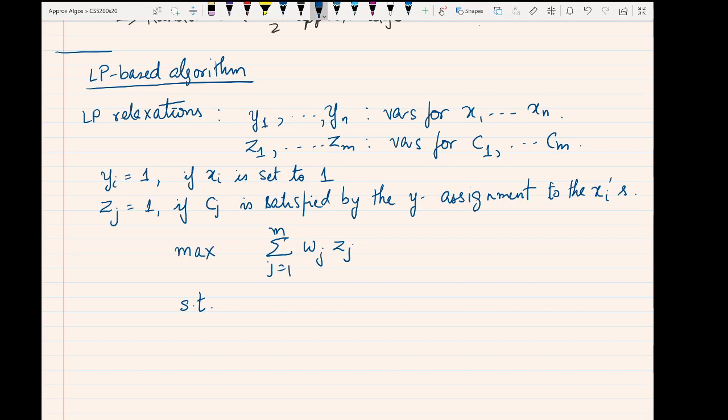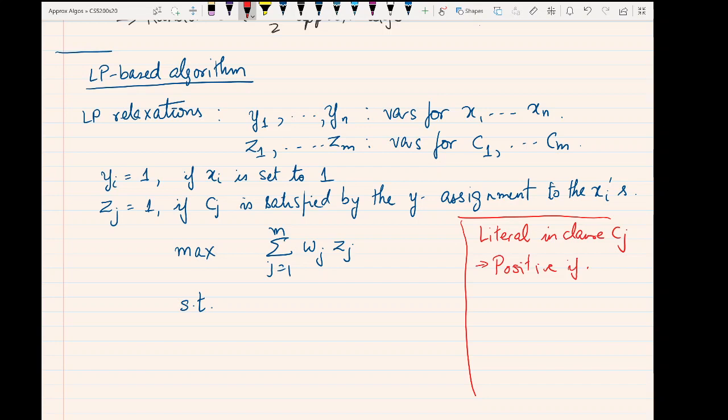So here we'll need some notation. A literal in clause cj is positive if it occurs as a variable itself, and negative if it is the negation of a variable.